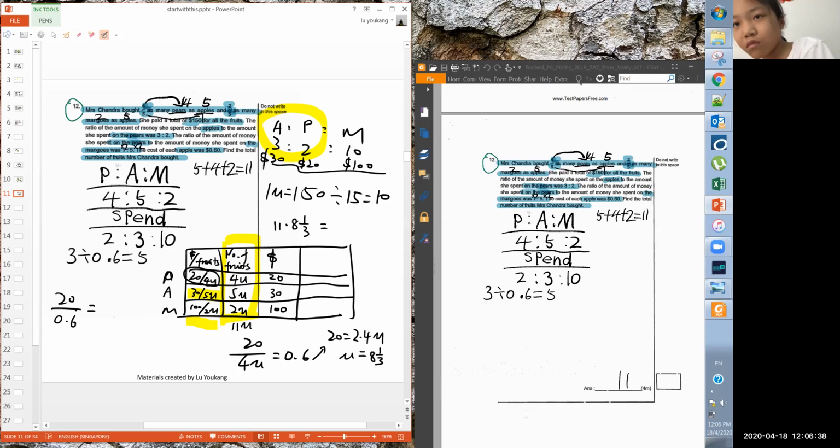Oh, by the way, this is in dollars. So 20 divided by this, you are supposed to get this. So that means it's 33 1/3 apples. Does it make sense?